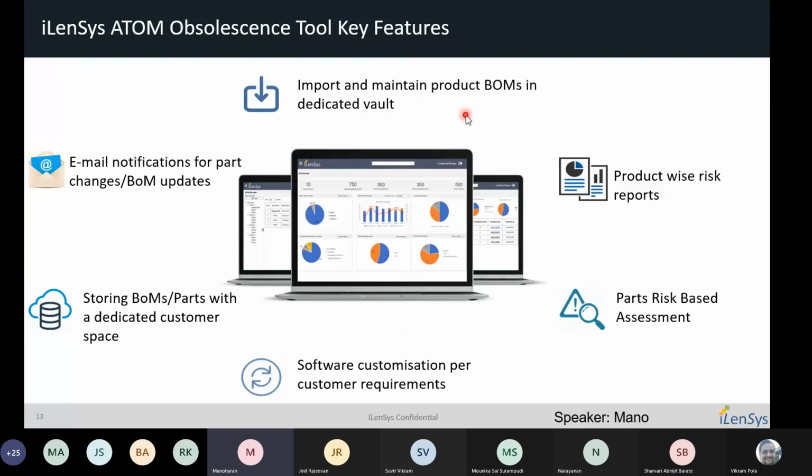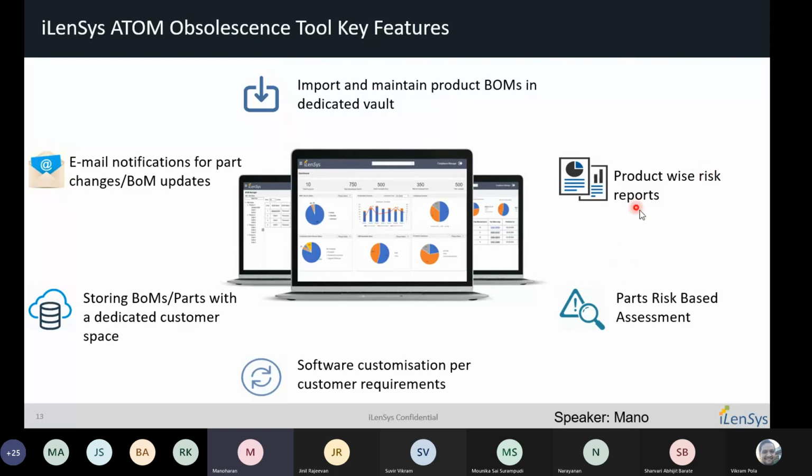As a subscriber, you have a subscription to our software product as a SaaS model, with a dedicated workspace or vault where you can import and maintain your product bills of materials. We generate a part-level risk assessment and report, and we also roll that up into a product-level risk report.